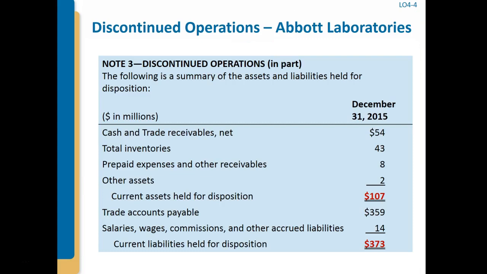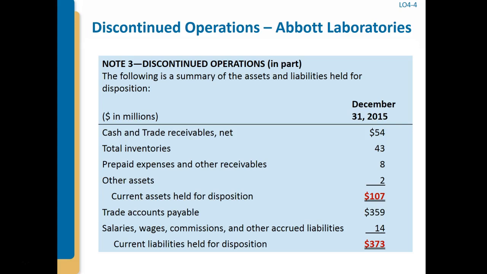So important information about discontinued operations, whether sold or held for sale, is reported in a disclosure note. The note provides additional details about the discontinued component, including its identity, its major classes of assets and liabilities, the major revenue and expenses that constitute the pre-tax income or loss from operations, the reason for its discontinuance, and the expected manner of disposition if held for sale.